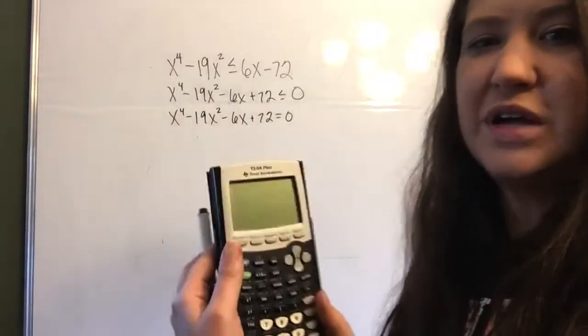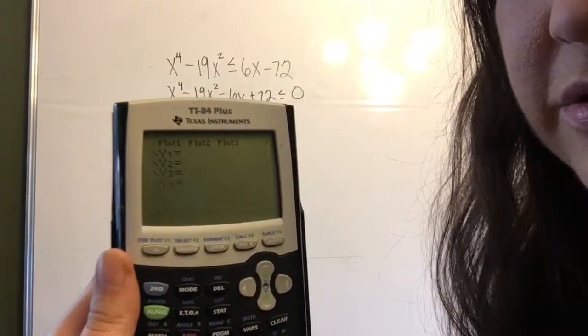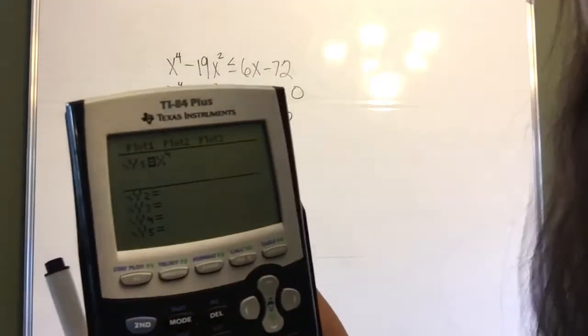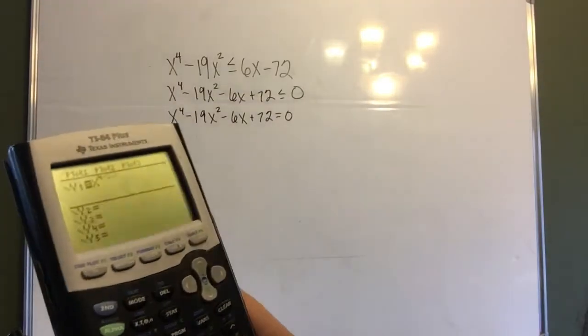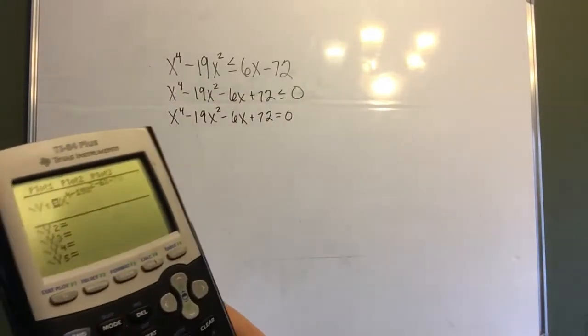So pull your calculator out if you have it. Follow along and go to y equals, and we're going to type this in. So we have x to the 4th minus 19x squared minus 6x plus 72.